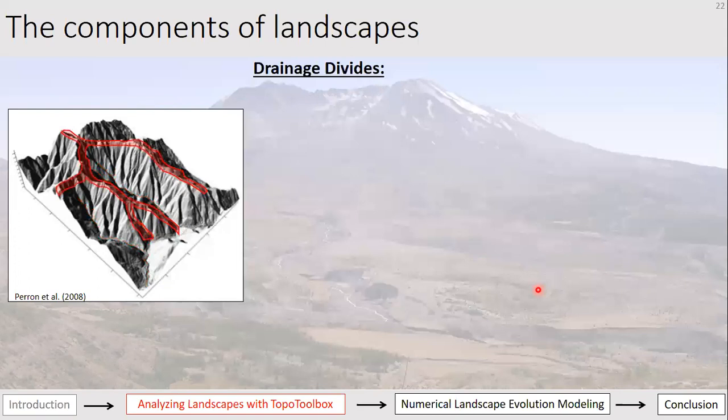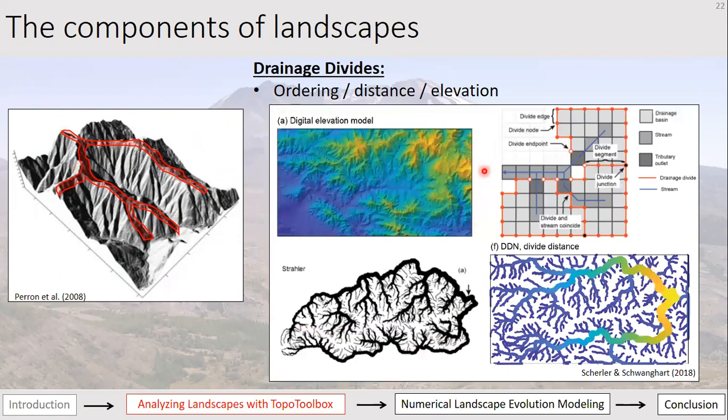Finally, the last component to consider are drainage divides themselves, shown here. And here there are also a variety of metrics that can be used. First is to look at divide ordering, distance, and elevation. So for this, if we go to a typical landscape, we can essentially assume that the network of drainages can be analyzed the exact same way that you would analyze a channel network.